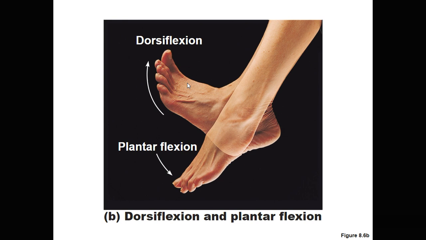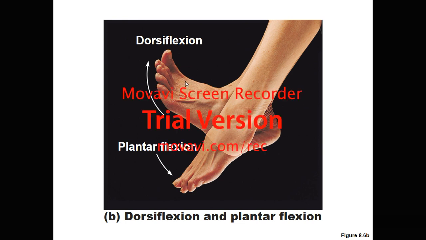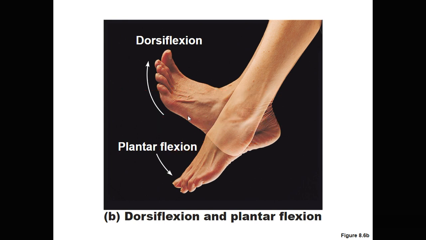Essentially with dorsiflexion, remember flexing is you are decreasing the angle. So this is the dorsal part of your foot. If you're flexing that, then you're essentially pointing your foot upward. And then this is your plantar part of your foot, the bottom of your foot. If you are flexing the plantar part of your foot, remember when you flex something, you decrease the angle, so you're pointing your foot downward.